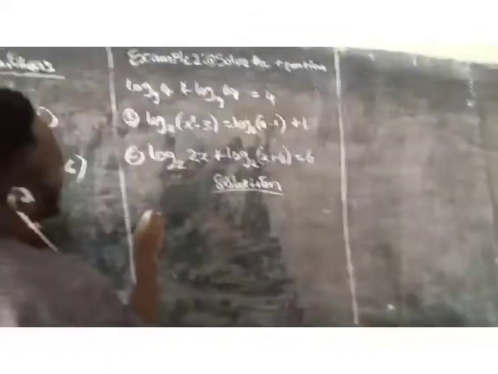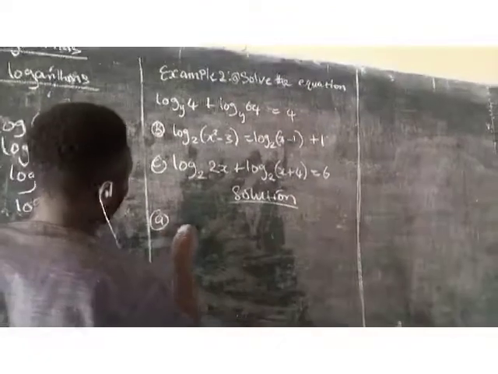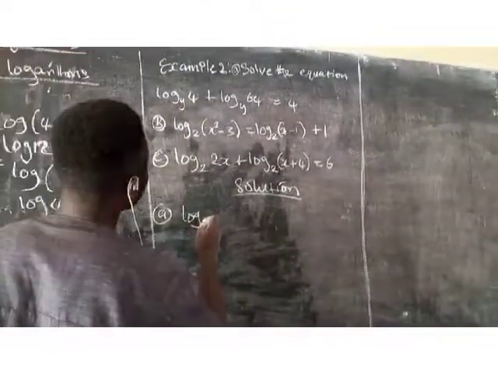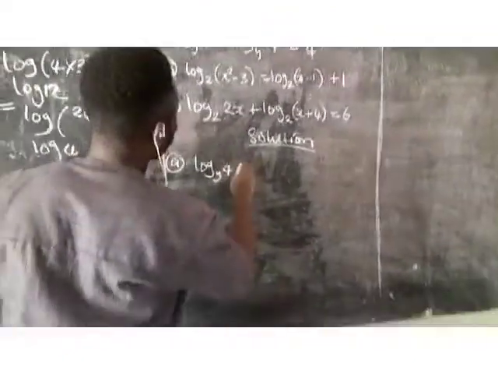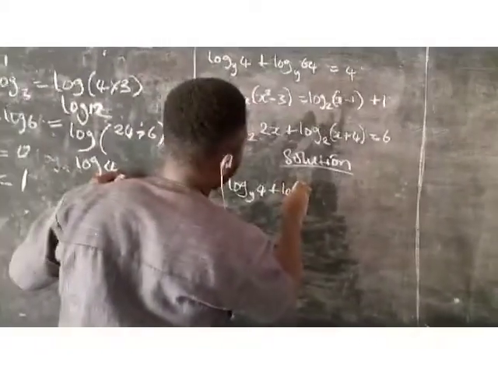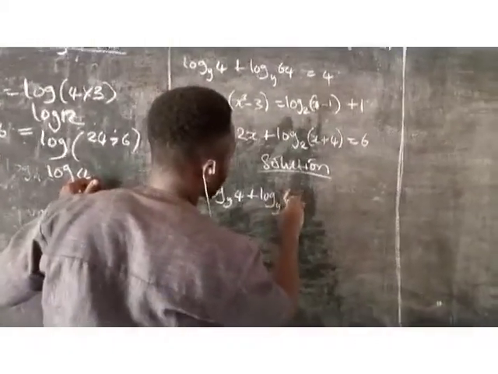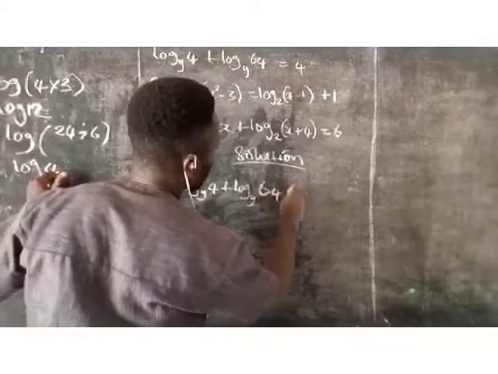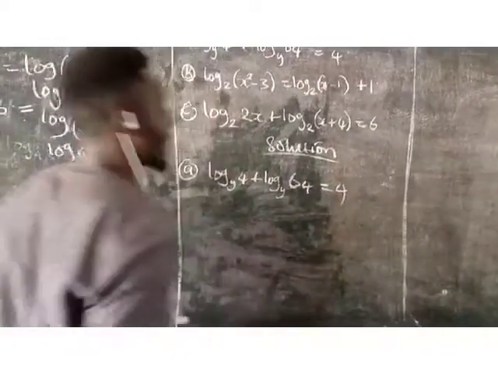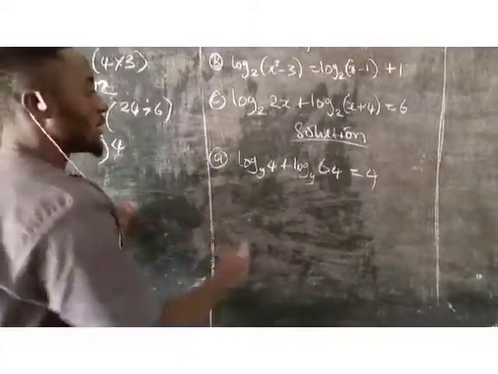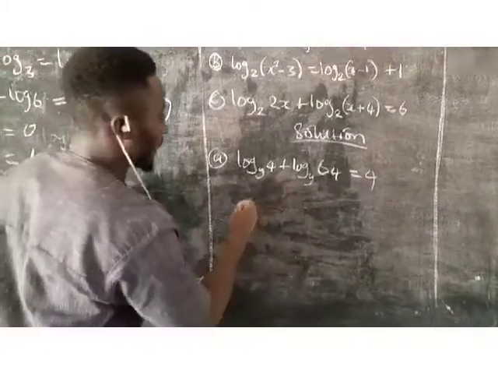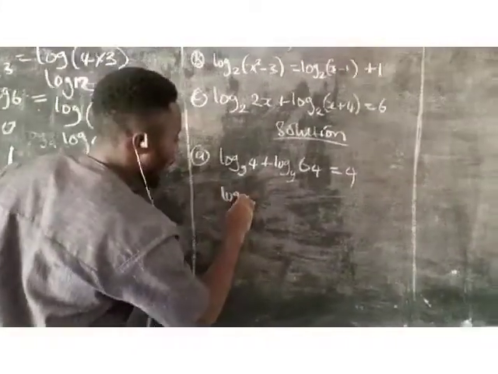So from the A part, we have log base y of 4 plus log base y of 64 is equal to 4.